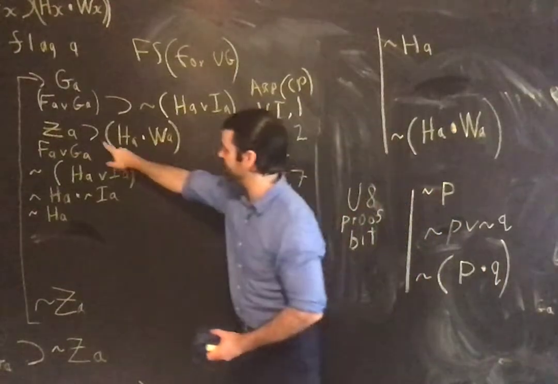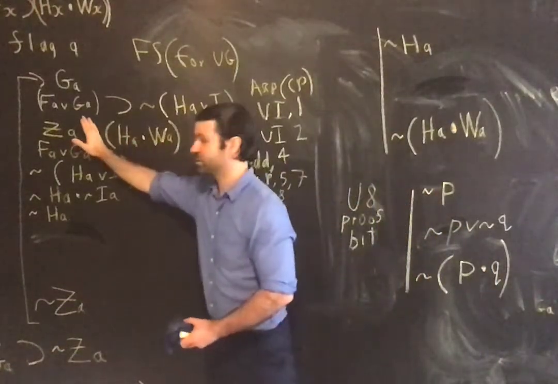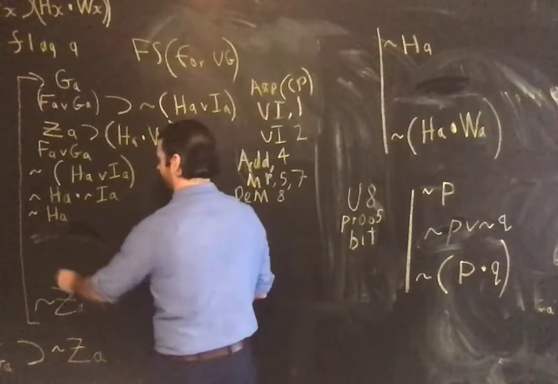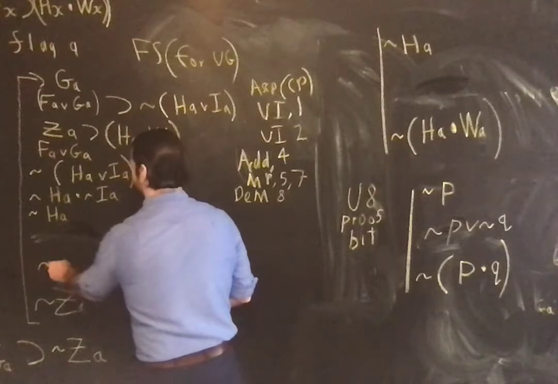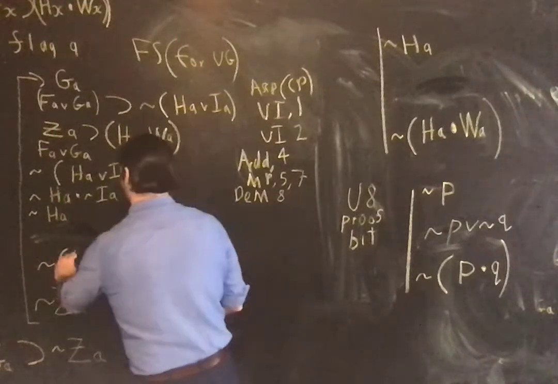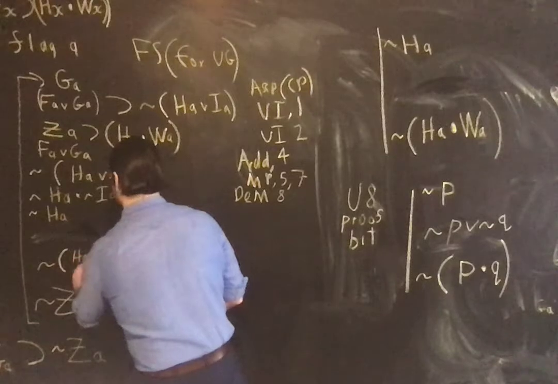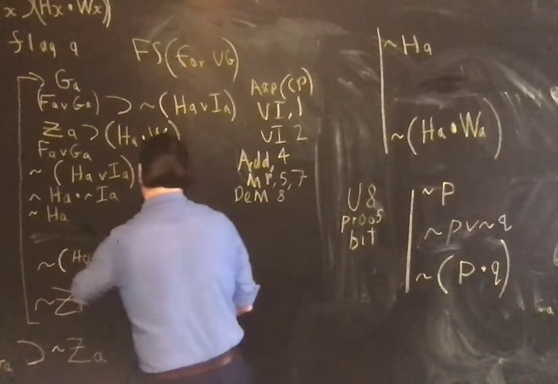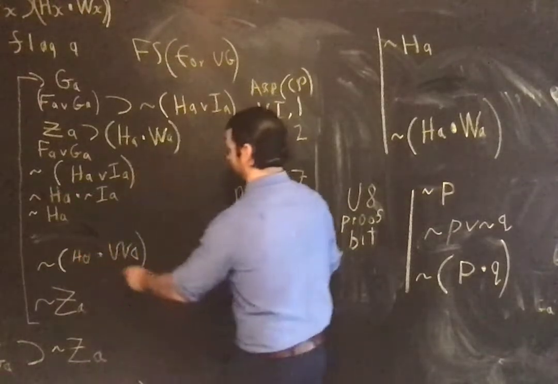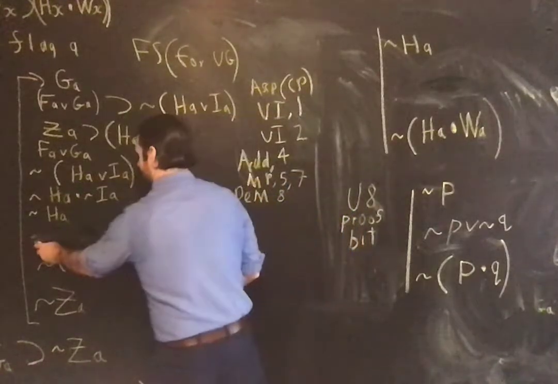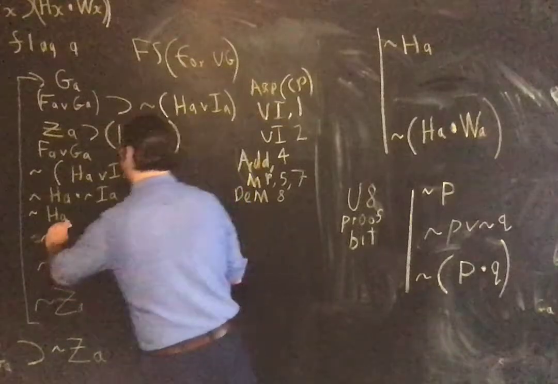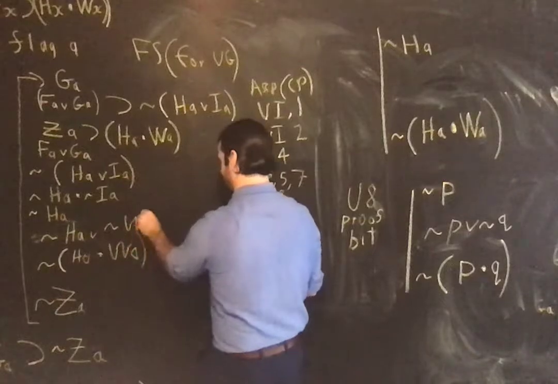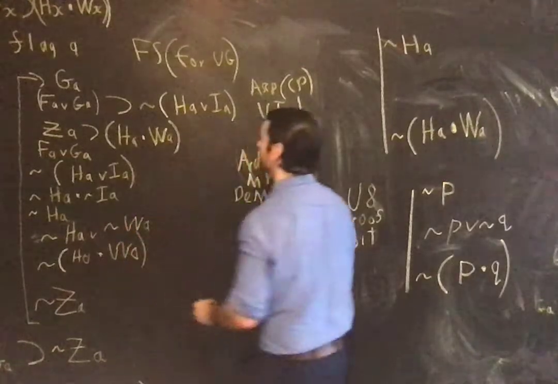We know we need the negation of this consequent to apply modus tollens. Oh, there's a proof bit that gets me there. I can get to not H-A and W-A. That's what I want to get, that's what I need to do the modus tollens. Think De Morgan's backwards: it's not H-A or not W-A.